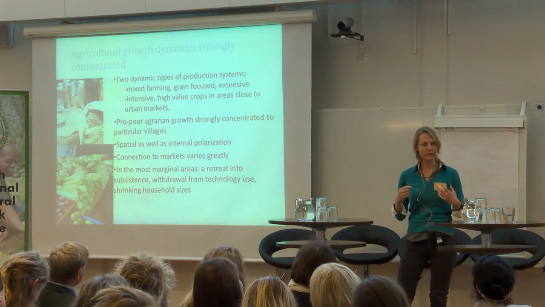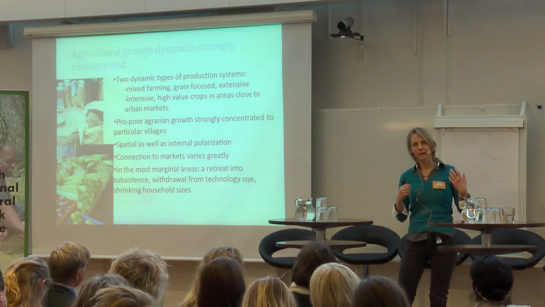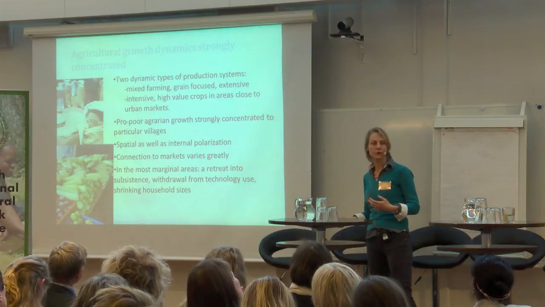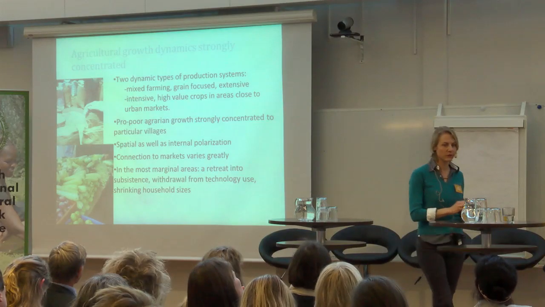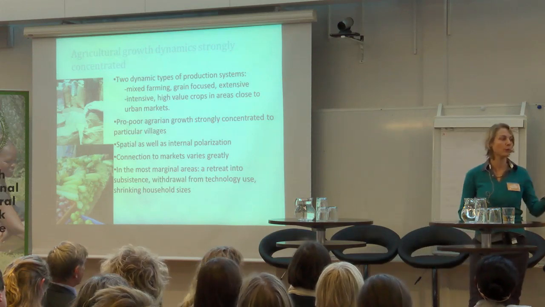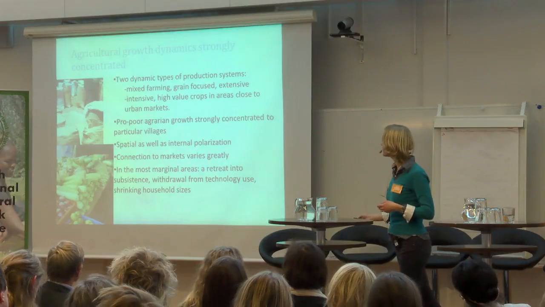And I was quite stunned by the withdrawal from technology use, for instance, the shrinking of household sizes indicating out-migration rather than a stable farming population. So it's a two-way polarization going on.